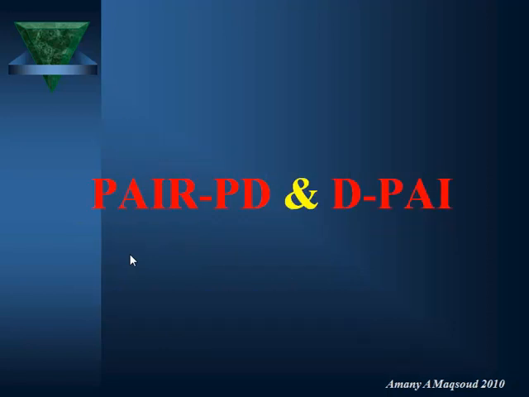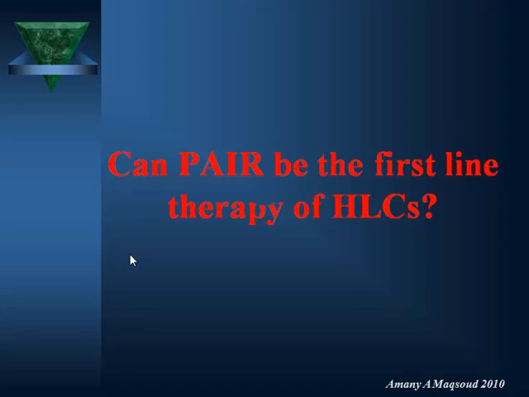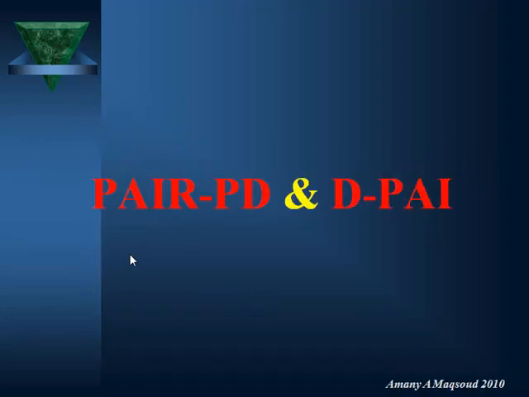Now, what are PAIR-PD and DPI? PAIR-PD is a PAIR technique associated, in large cysts, with percutaneous drainage using a pigtail. The pigtail is left in place to drain these large cysts until the size decreases, and then you infuse the scolicidal agent.